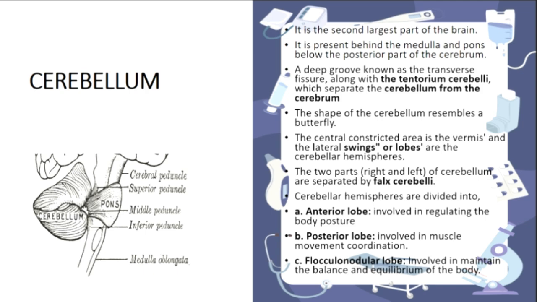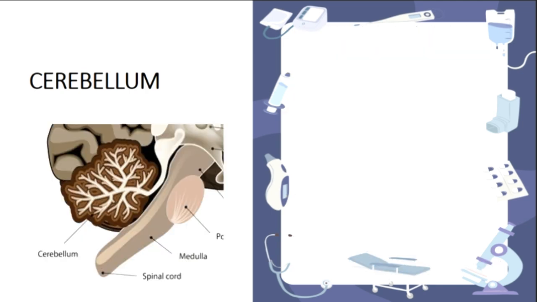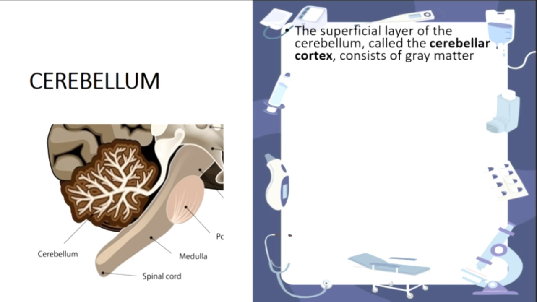And next is the posterior lobe. The posterior lobe is involved in muscle movement and contractions. If the muscles want to move, this is helped by the posterior lobe of your cerebellum.